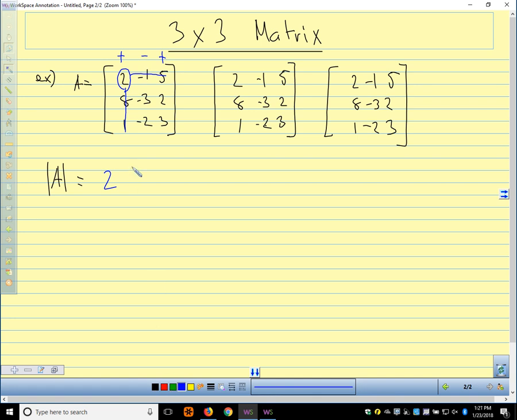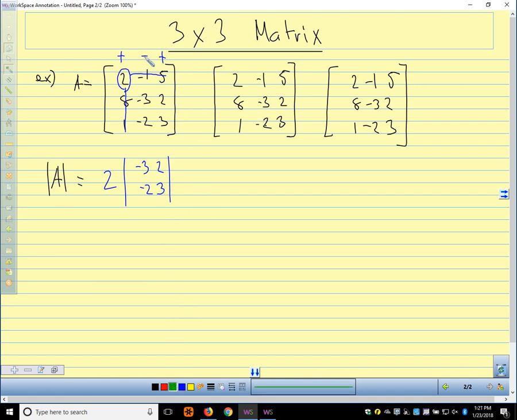And I'm going to multiply this by the determinant of the 2 by 2 matrix that's left when I cross out that row and that column. So I have a little 2 by 2 matrix left when I cross out that row and that column. We're going to find the determinant of that 2 by 2 matrix.